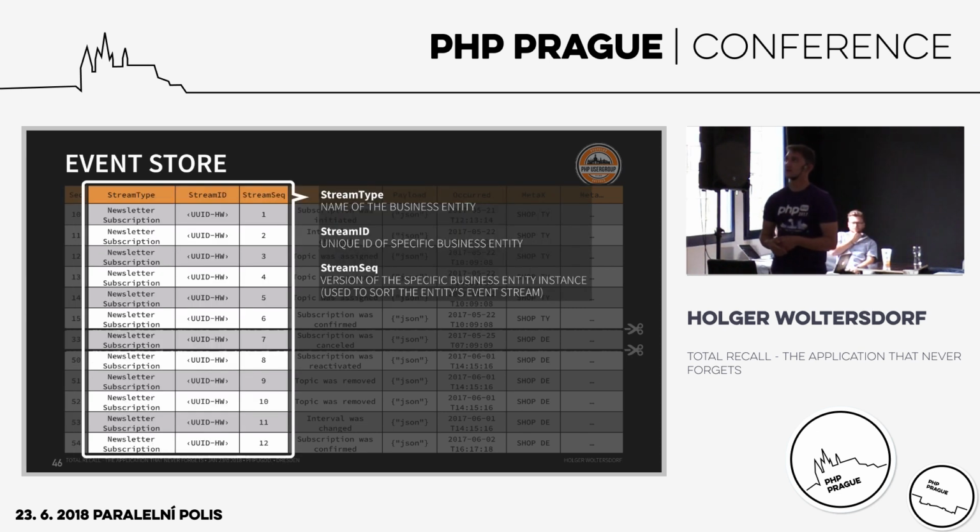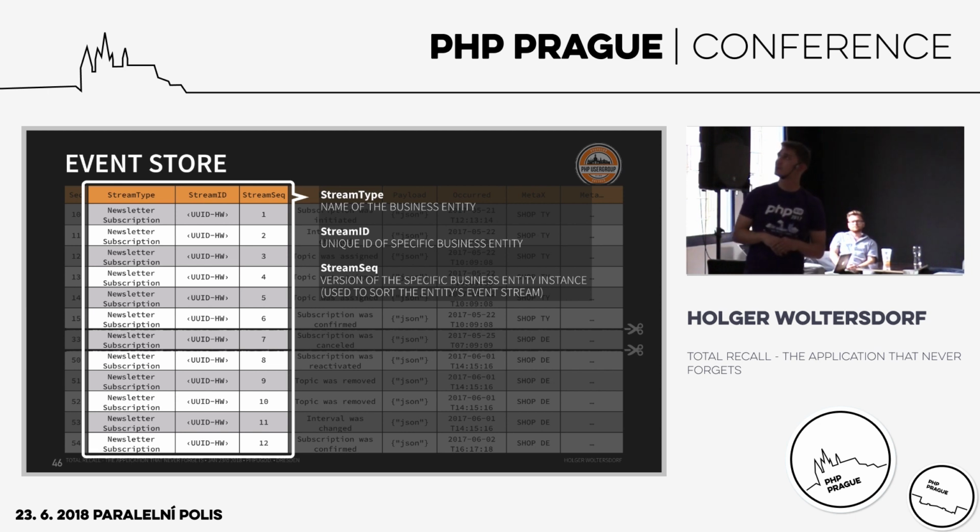The second one is the stream type, stream ID, and stream sequence. The stream type is, in our example, the newsletter subscription. So our business entity would be the newsletter subscription. The stream ID is, for example, a UUID for me. And it could also be a UUID for another person, then it would be another stream ID.